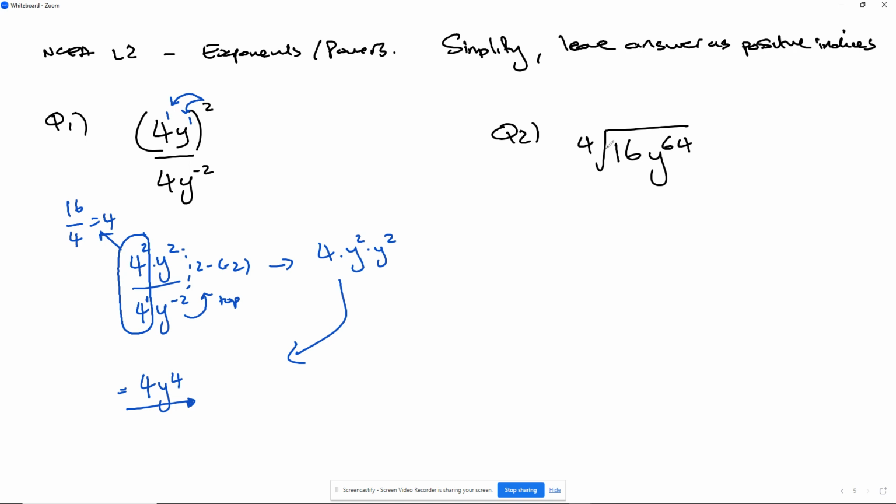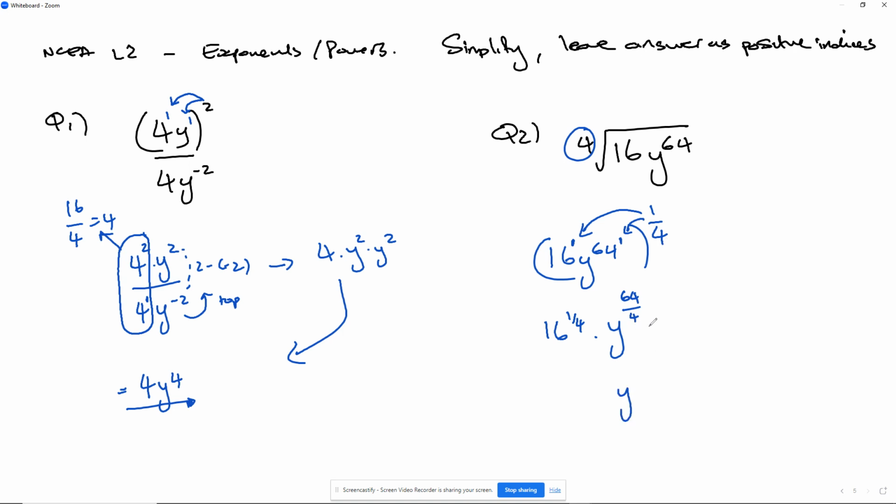For the next one here, this is the same as saying the fourth root is to the power of 1 over 4. And then we distribute it to each power on the inside and multiply it. So we're going to have 16 to the quarter times y to the 64 divided by 4, because we're multiplying it. 64 divided by 4, remember, is easy, so it's going to be 16.